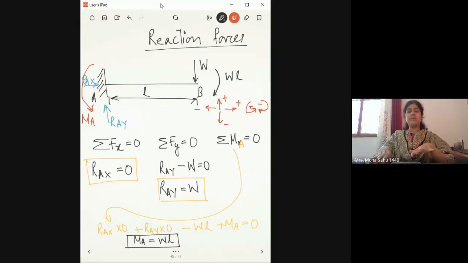So till now we've just learned the basics, and I have just done one problem on how to calculate reaction forces. So basically we use the equations of equilibrium. Whatever I've taught till now will be coming for your exam. Is that clear, everyone? Yes, ma'am.